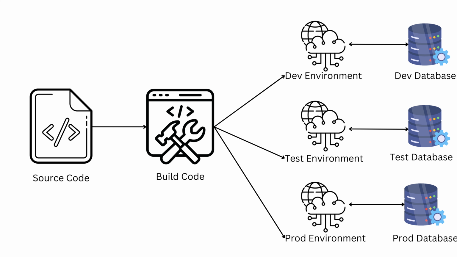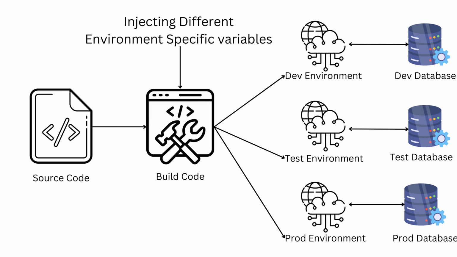So in such scenarios, we have to use a library which is called .env in this case. So you have to inject different environment specific variables while building your code.